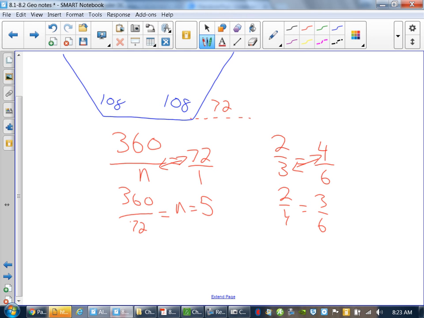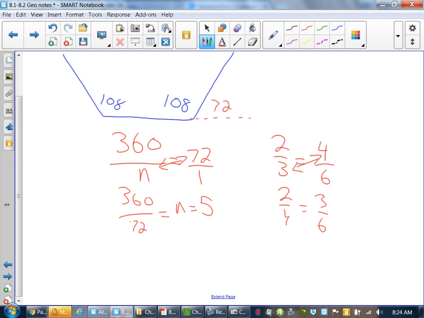This is only for regular polygons, okay? You take 360 divided by the outside angle, and it'll always give you the number of sides. It's a nice little trick to remember. It's a shortcut way of doing a lot of these problems. Like I always say, it's always easier to work with an outside angle. There's less math involved.